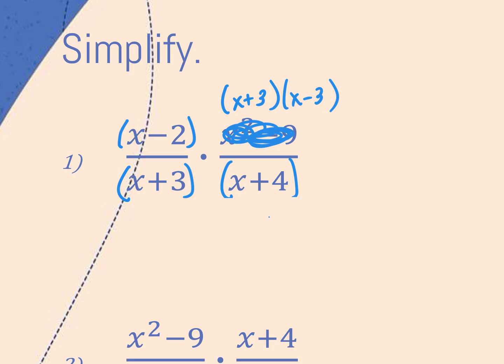Any parenthesis that is exactly the same in the numerator can cancel with something that's exactly the same in the denominator. A 1-to-1 ratio. So do you guys see anything in the numerator that's exactly the same as the denominator? x plus 3. So I'm going to cross off 1 here and 1 here. Is there anything else that's exactly the same? No, so just rewrite what you have.